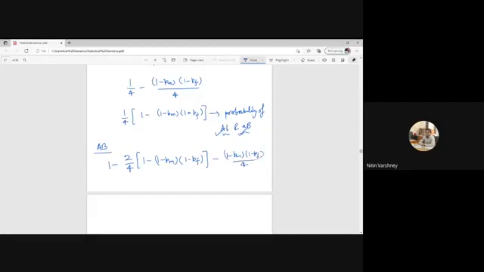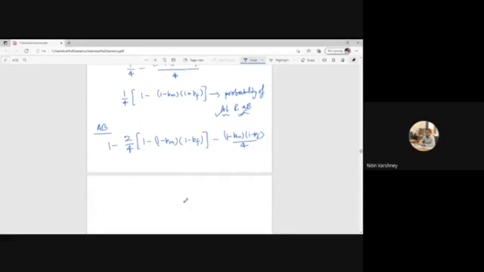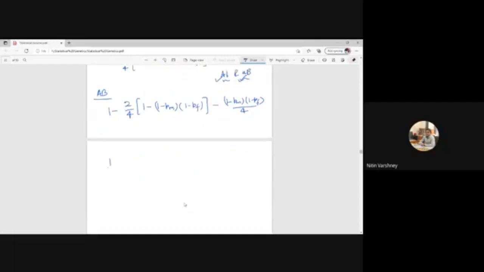So this will give the probability of AB type. Okay, after simplification, we will get 1 by 4, 2 plus 1 minus Pm and 1 minus Pf.